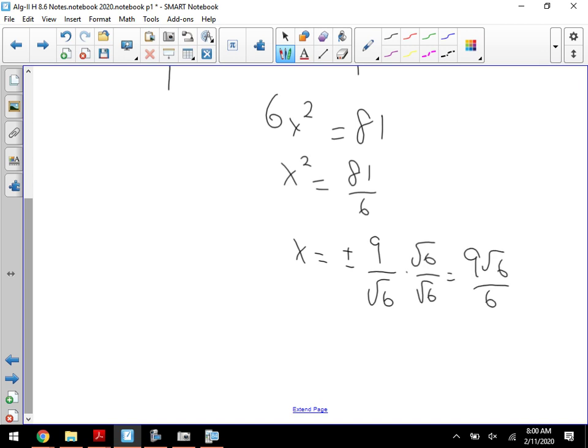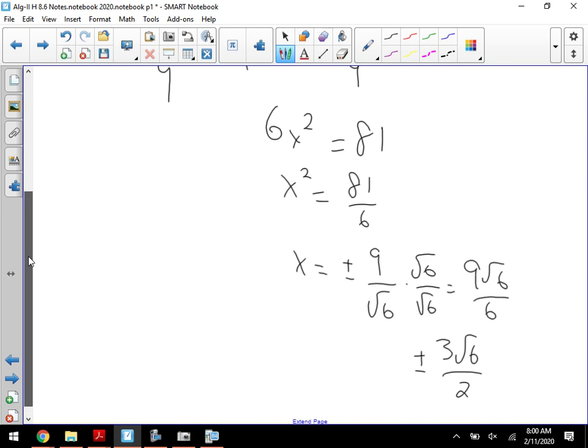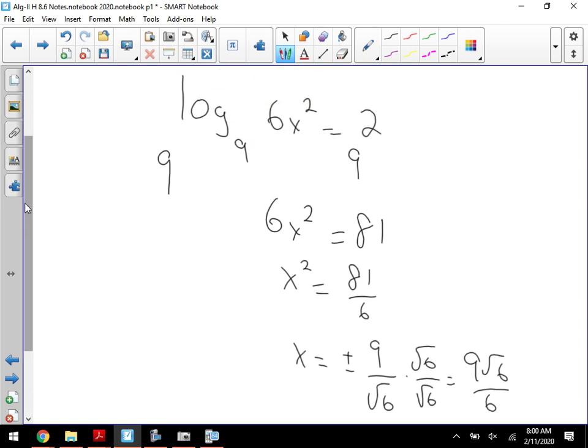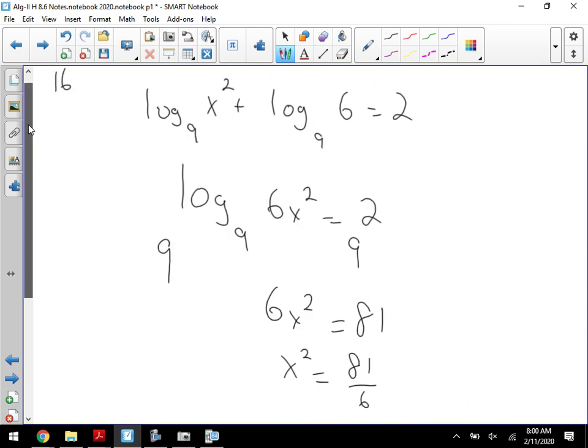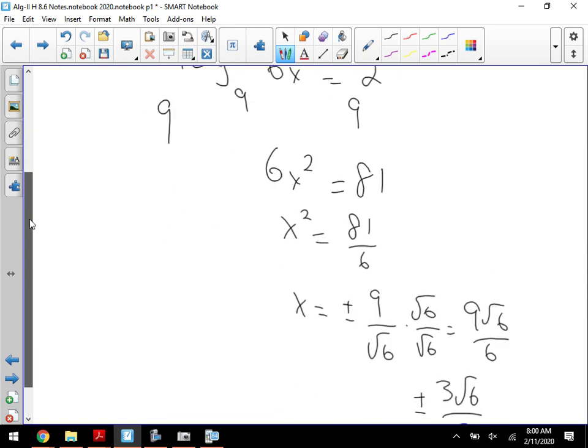And you can simplify that, and you get 3 root 6 over 2. And that's plus or minus. And in this case, the plus or minus would be okay, because you've got a squared thing, so when you square a negative, you'd be all right.